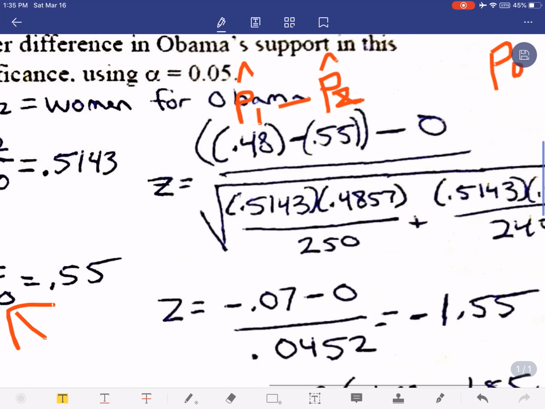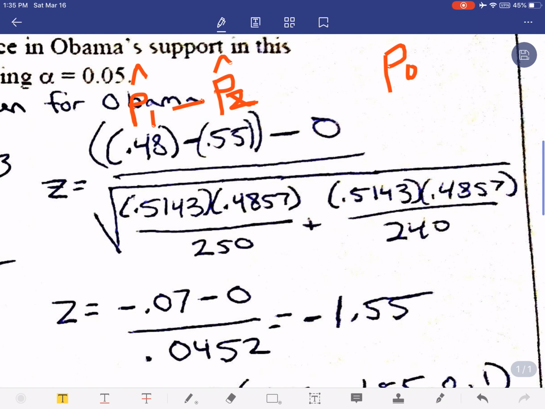Okay, so for the significance test only, we have to do this for our standard deviation. So we go back and look over here. That's how we get that 0.5143, this number right here. And then to get the 0.4857, we get that from subtracting, doing 1 minus 0.5143.